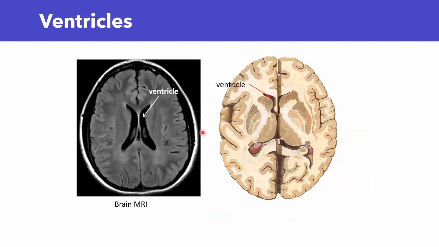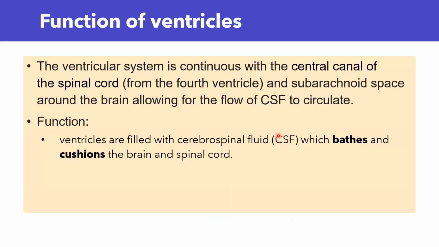This is how it looks under the CT scan or MRI. So this is the ventricle that contains the CSF, cerebrospinal fluid. The ventricular system is continuous with the central canal of the spinal cord from the fourth ventricle, and with the subarachnoid space around the brain, allowing the CSF to circulate around the brain and spinal cord.